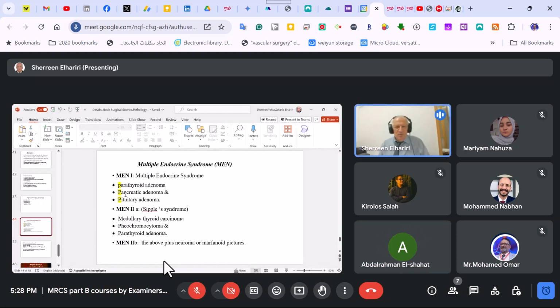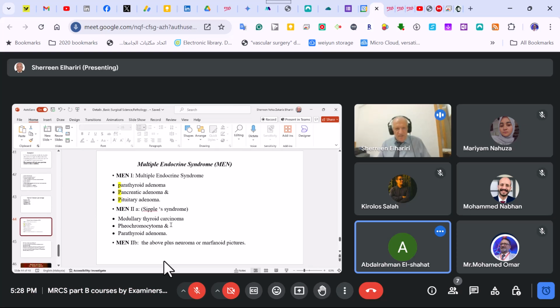All are adenomas or hyperplasia. What is multiple endocrine neoplasia type 2? Medullary thyroid carcinoma. Yes. Parathyroid adenoma and pheochromocytoma.